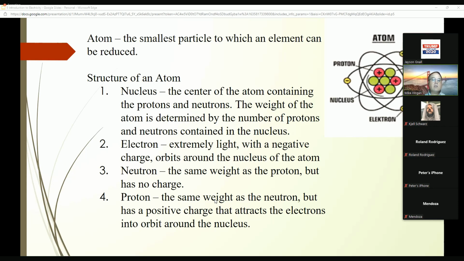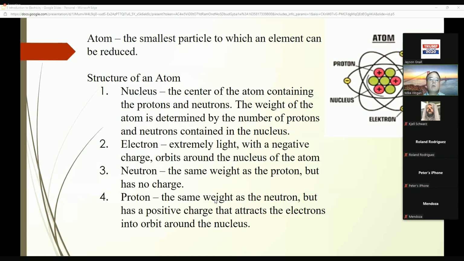So electrons, neutrons, and protons. Protons, positive charge. Electrons, negative charge. Neutrons, no charge. Same weight as the proton, but no charge, right? And so really, when we think about electricity, it's those electrons that we're focused on. Those negatively charged electrons is really what we're going to be talking mostly about.